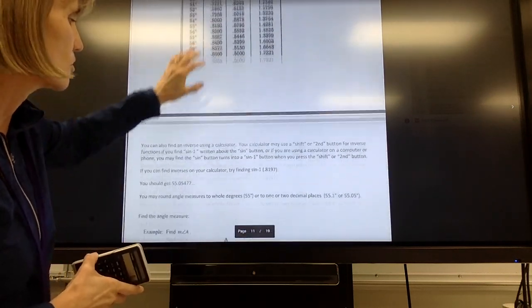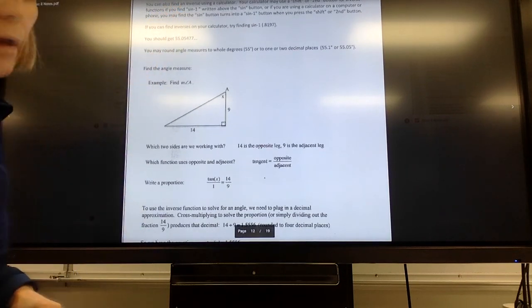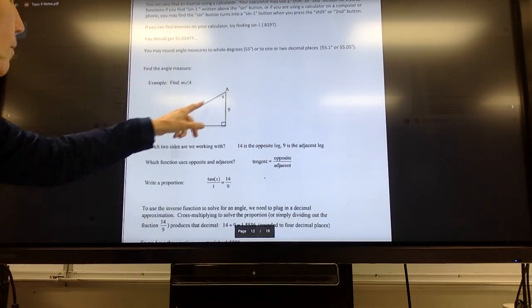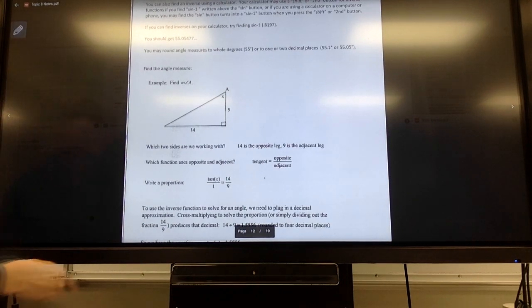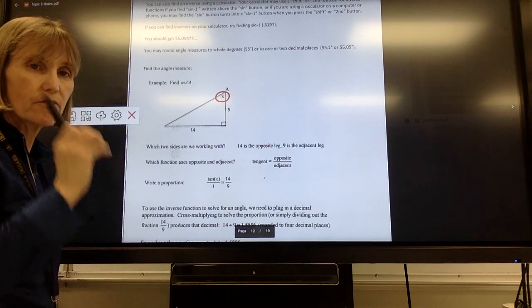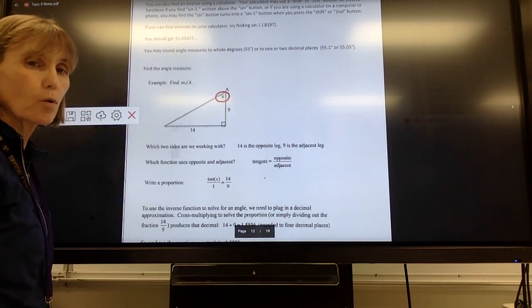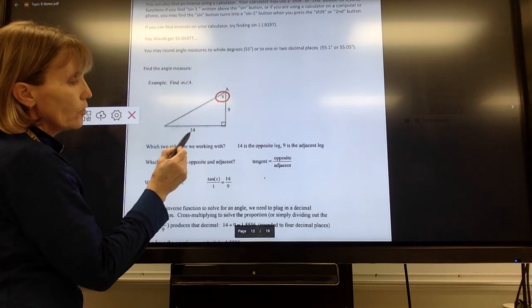Okay, so let's see what this looks like. We're going to set our problems up very similarly as we did yesterday. For example, in this example they're asking me to find this missing angle measure up here. That's an angle measure because it's inside the figure and it's kind of tucked away in the corner. So they want the measure of angle A. What do I have labeled on the triangle?